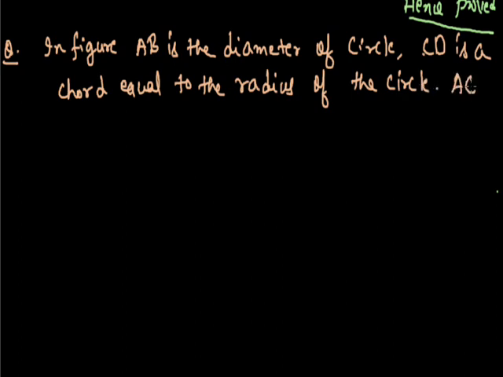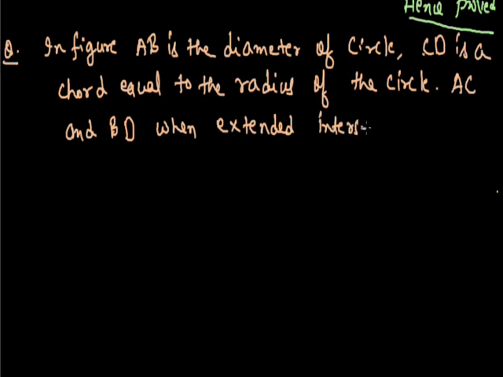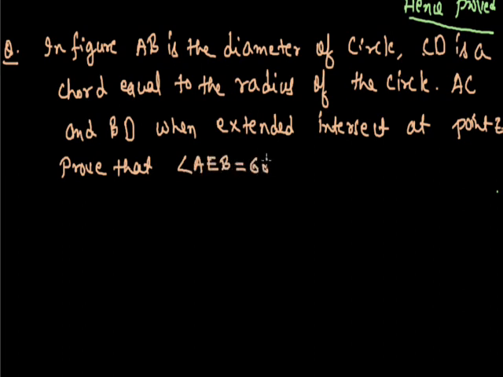AC and BD when extended intersect at point E. Prove that angle AEB is equal to 60 degrees.